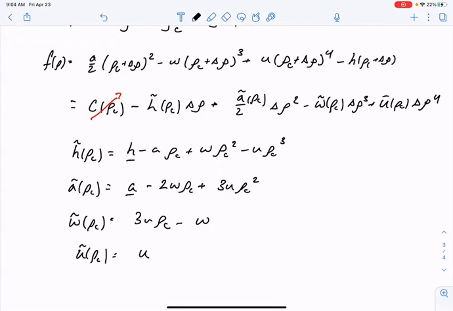What is clear from this analysis is what the value of rho c and h must be in order for these odd order coefficients to vanish.